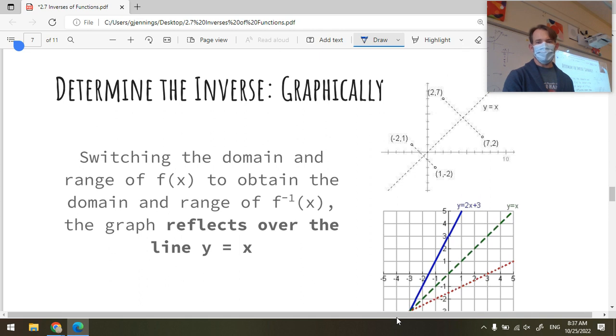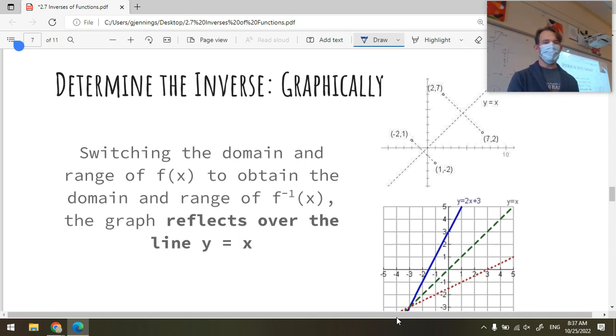If we're going to work graphically, you just switch the domain and range of f of x to obtain the new domain, and then reflect it across the line y equals x. If I had a function where negative 2 maps to 1, and 2 maps to 7, and I graphed these points, I can reflect those points in the line y equals x to obtain these new points, and that's my new function.